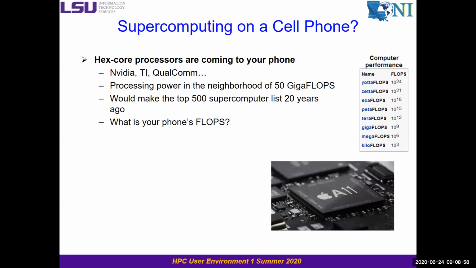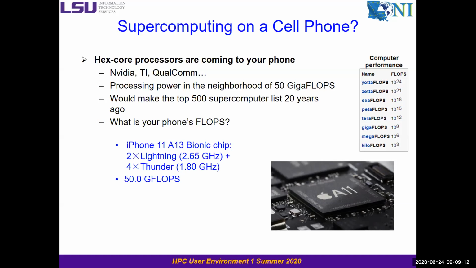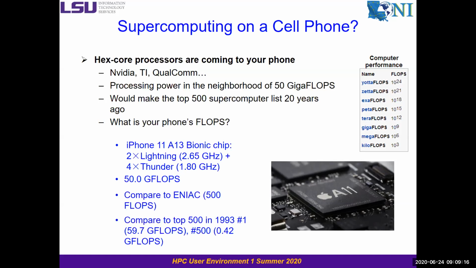The processors in cell phones today are very powerful, and they could even make the Top 500 supercomputer list 20 years ago. The newest iPhone can reach about 50 gigaflops, while in 1993 the most powerful supercomputer could only reach 59 gigaflops, right?